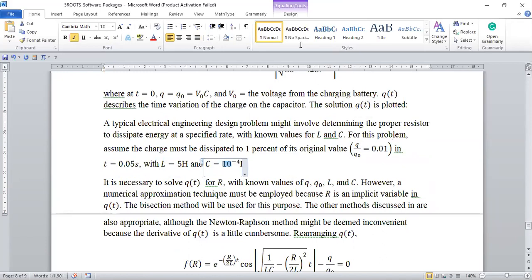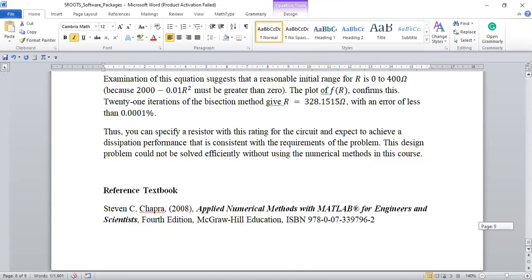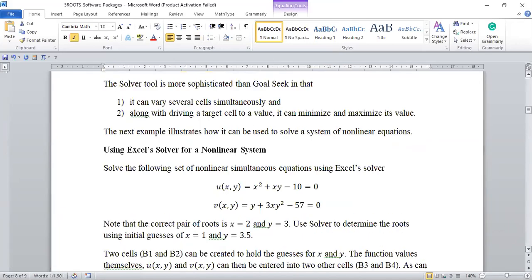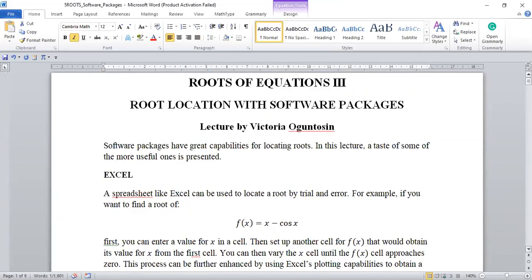This wraps up our conclusion for finding the roots of equations.